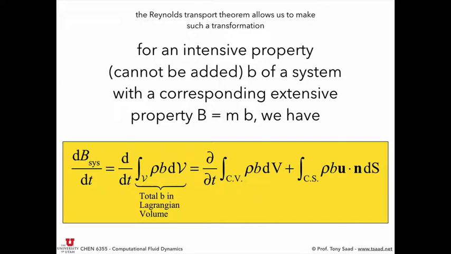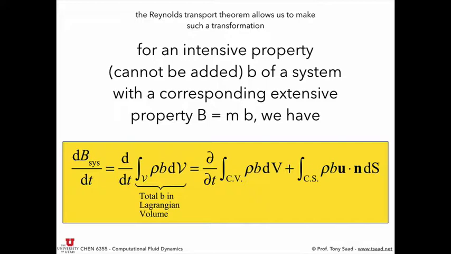So now the Reynolds transport theorem tells us the rate of change of B system. As this fluid system moves in the flow, it is going to change properties. Although it's closed, it's going to change properties. It's going to change volume. It's going to change shape. It's going to expand or compress.